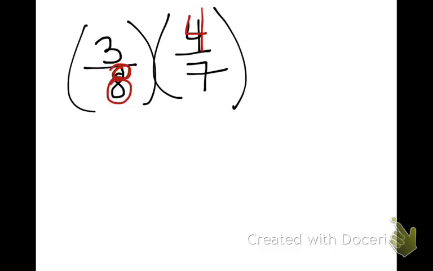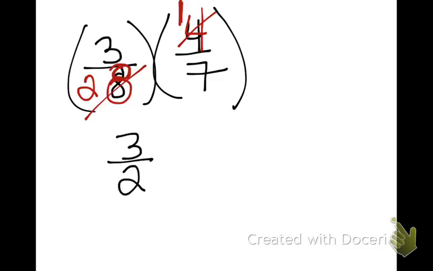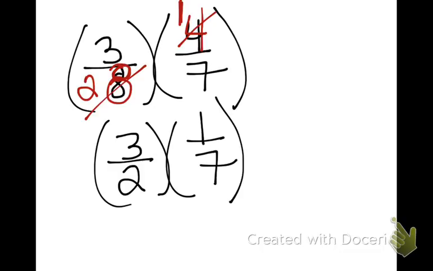I can actually simplify those with a common factor. I know they both can be divided by 4. So I now have 1 and 2. I'm going to rewrite this to make it look neater. So I now have 3/2 times 1 over 7. So I've simplified first.